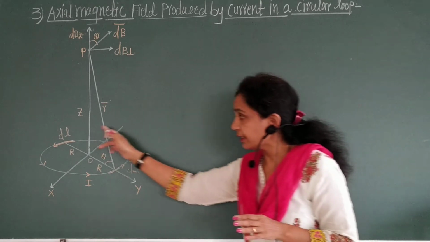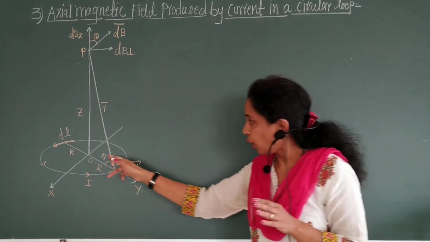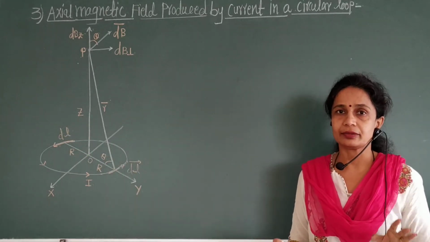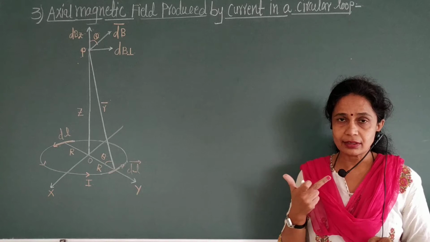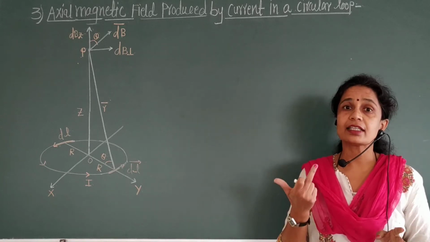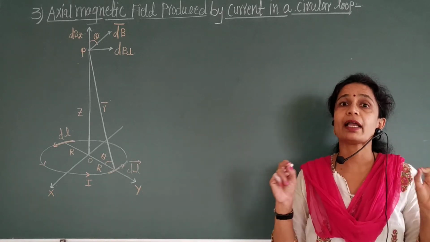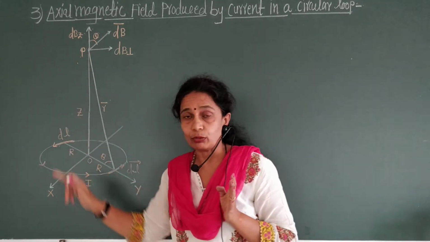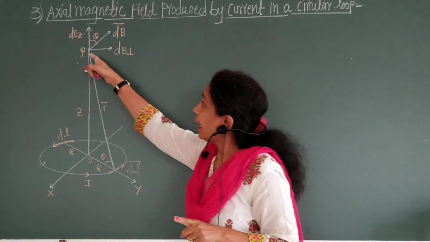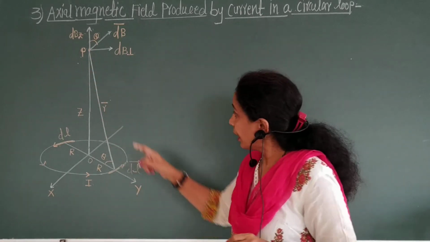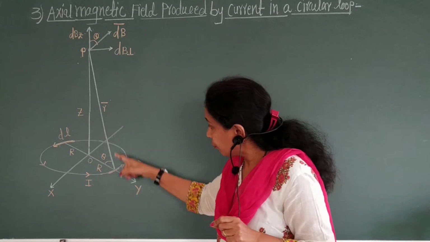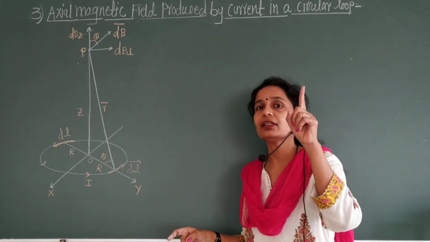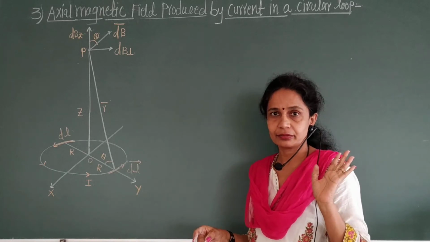Therefore, consider a circular loop of radius capital R carrying current I. This circular loop is in the XY plane. Now we have to find out the magnetic field at point P at a distance r from the element dl on the z axis.